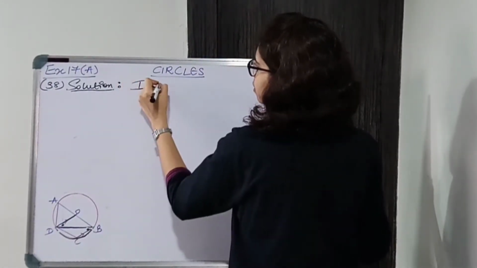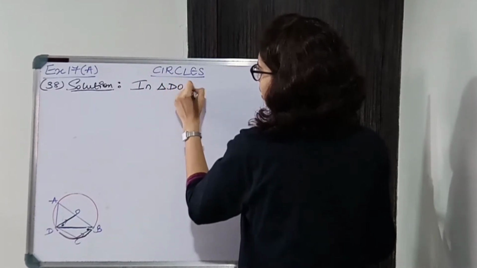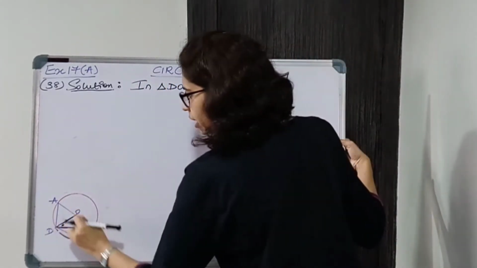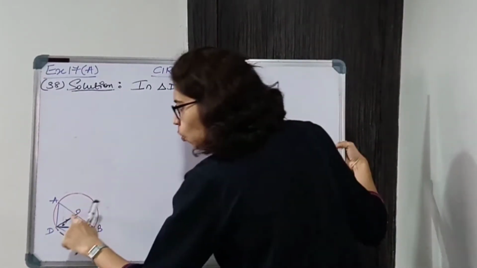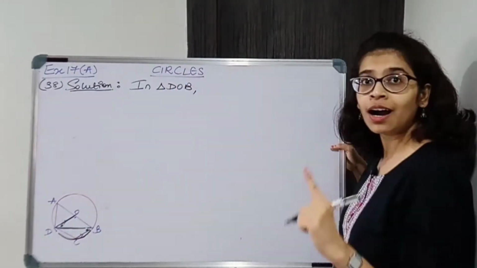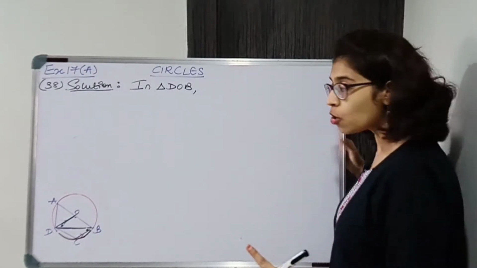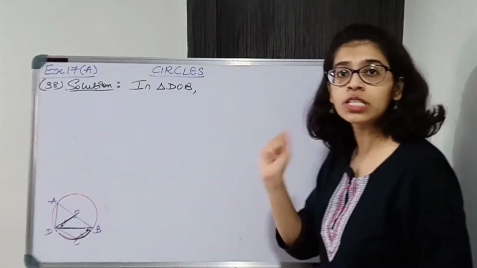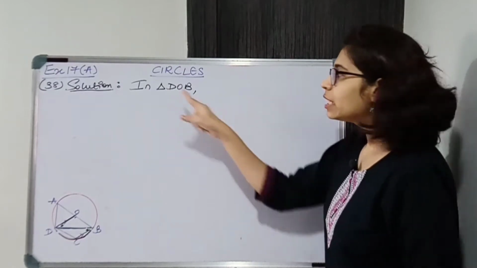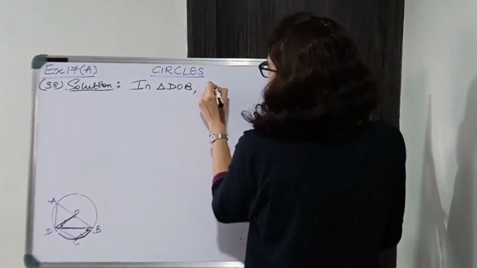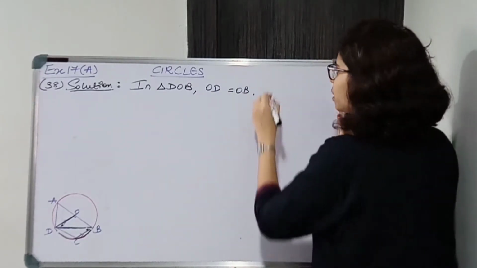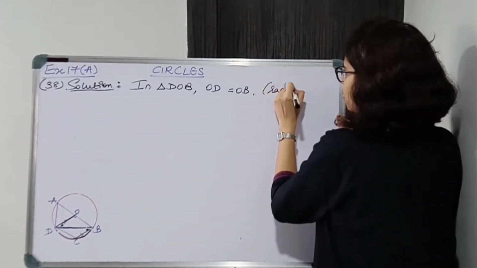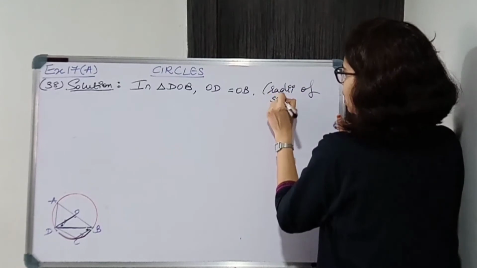Now we'll consider triangle DOB. We found angle DOB. And we also know OD and OB are congruent because they both are radii of the circle. So we'll write that down. In triangle DOB, OD is equal to OB, radii of the same circle.